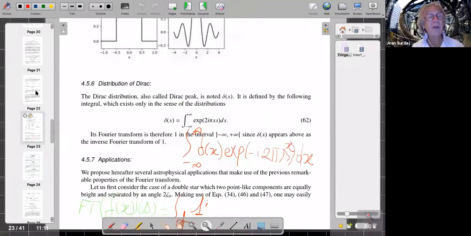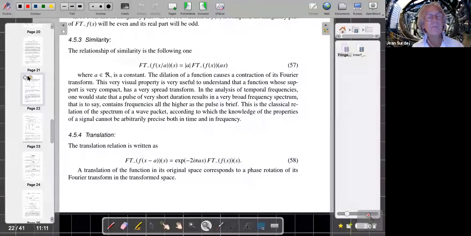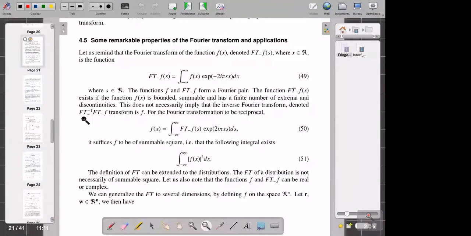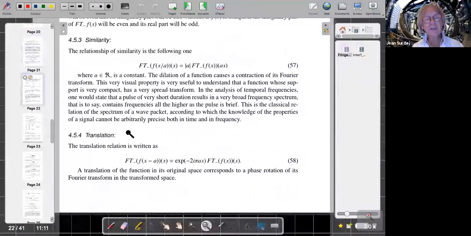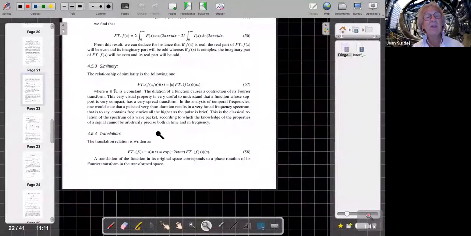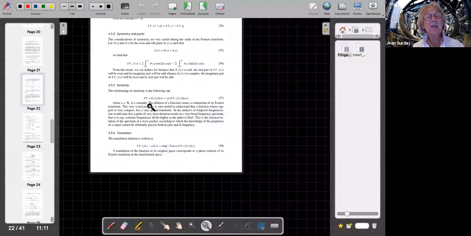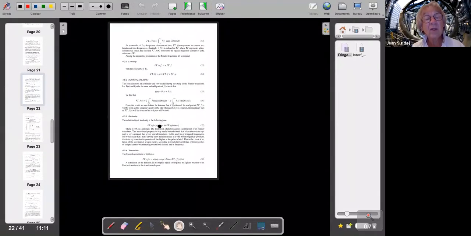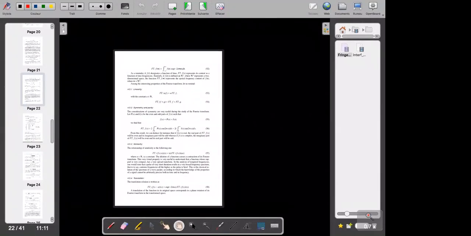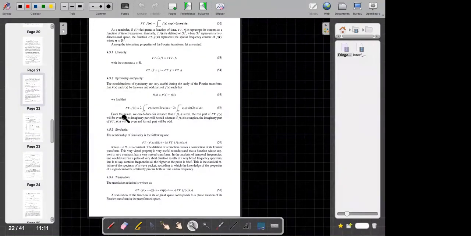I just come back to parities. So here are some remarkable properties. Let me try to find symmetry and parity.